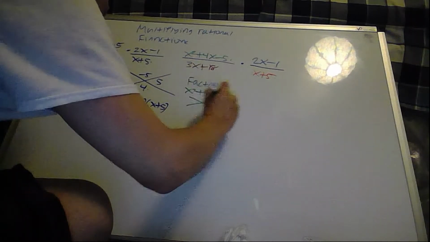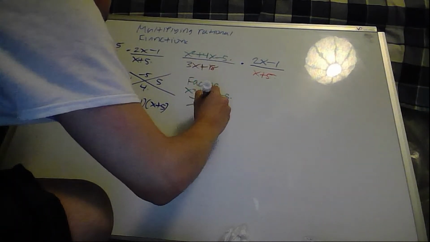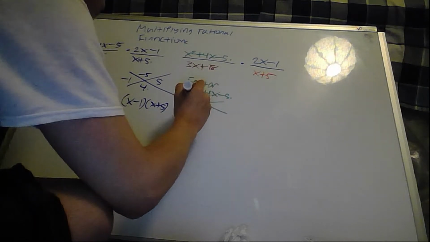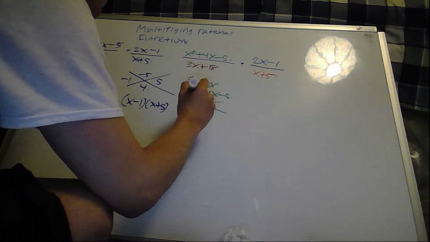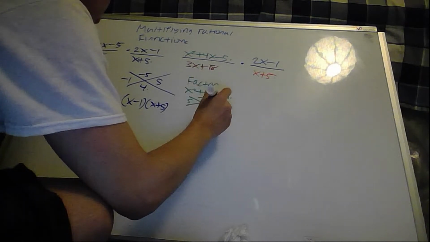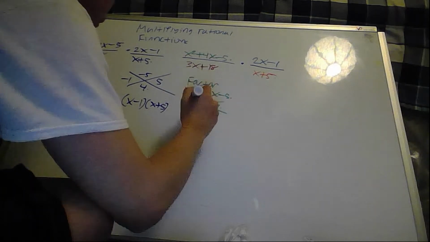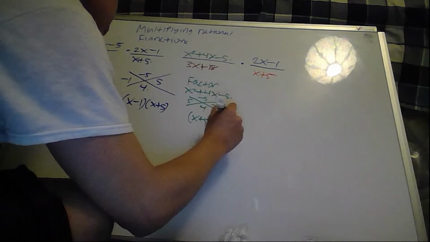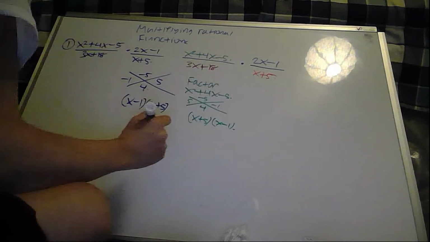We're going to do our x box. 1 times negative 5 is negative 5, and then the b part. So two numbers that multiply to negative 5 and add to 4 are 5 and negative 1. So because a is equal to 1, we just say x plus 5 times x minus 1, okay?